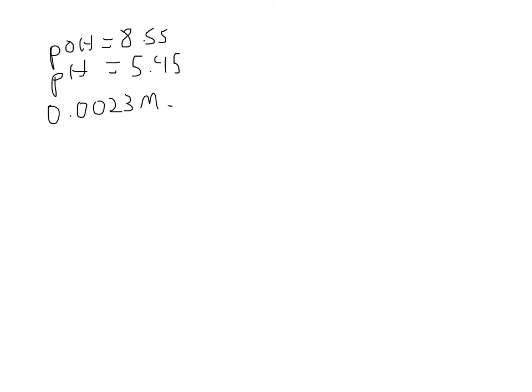Alright, one last thing I want to go over today is, say you're given a bunch of numbers. You're given a pOH value, you're given a pH value, you're given a concentration of a base and a concentration of an acid. So let's say you got a pOH of 8.55, you got a pH of 5.45, and you're given a concentration of 0.0023 molarity of HCl, which is an acid.